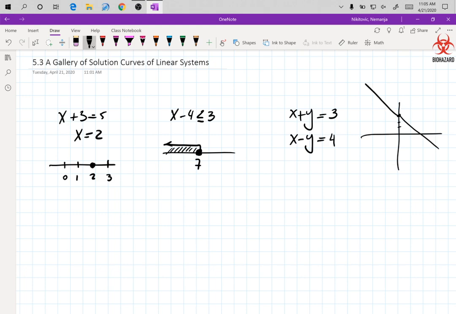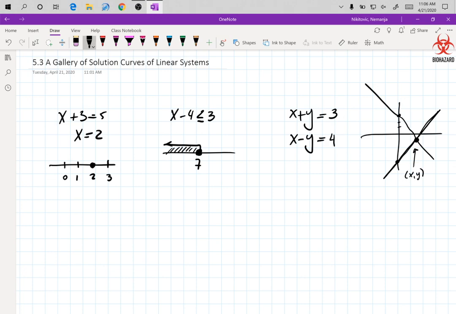And this one is y equals x minus 4, so it goes like this. They will intersect there, and that would be a solution, an x-y point, and so on.